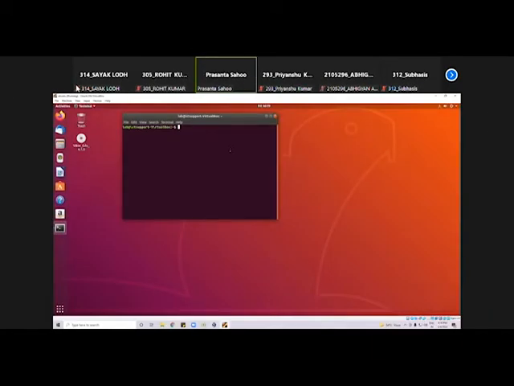To compile the program, which program? That is a C program. It is compulsory for the developer that while creating a C program file, the extension should be .c. It is not optional. The file name can be anything, but the extension must be .c.